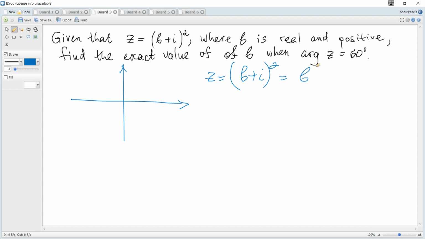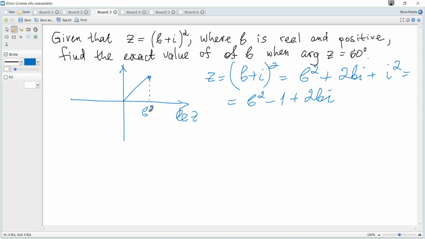It becomes b squared plus 2bi plus i squared. i squared is -1, so it becomes b squared minus 1 plus 2bi, and hence the real part is b squared minus 1 and the imaginary part is 2b.